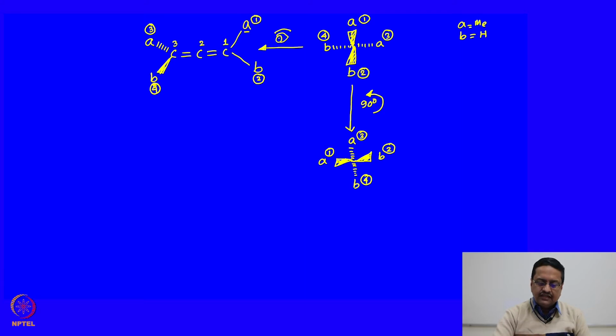That means the A and B in the vertical line are below the plane of projection and A and B in the horizontal line are above the plane of projection. So, this can straight away be converted to a Fischer projection like this.